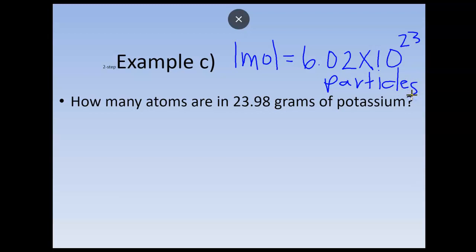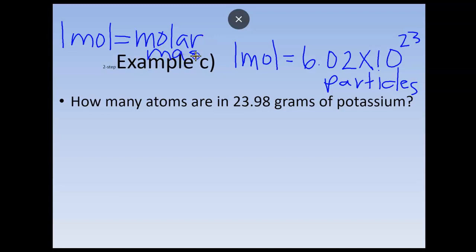So we're going to use that to solve for our number of atoms in this case. And since this is an extended calculation, we also have to remember that 1 mole of any substance is equal to its molar mass, as we just practiced with the last examples.